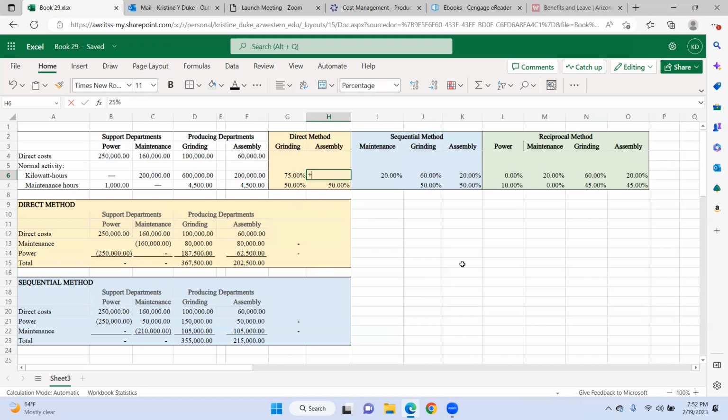Actually, I'm just going to show you how I do it. This divided by, now I'm going to put this in parentheses because this Office 365 is giving me a bit of a problem with formulas in terms of which function it wants to do first.